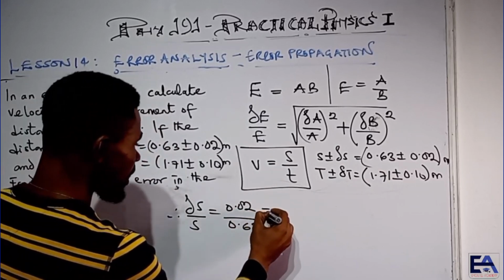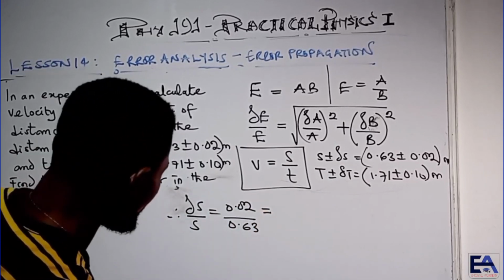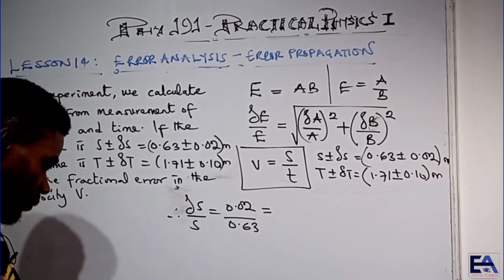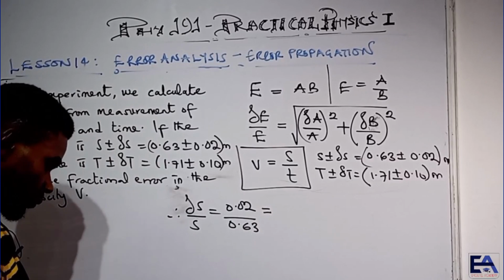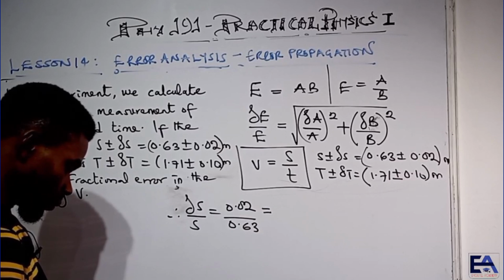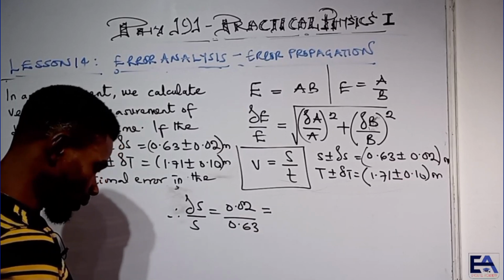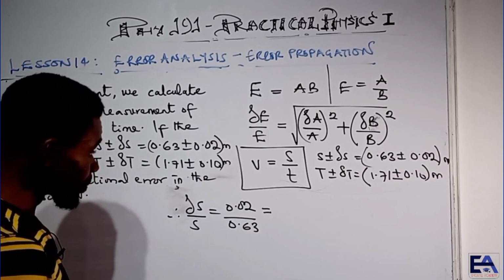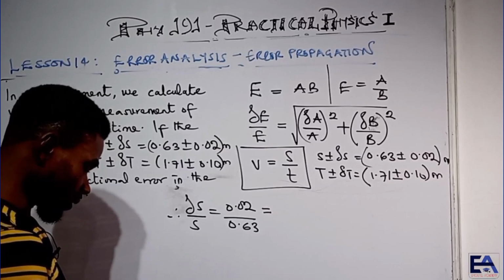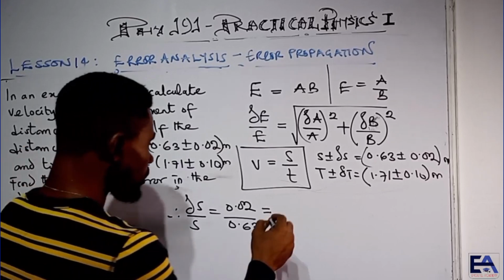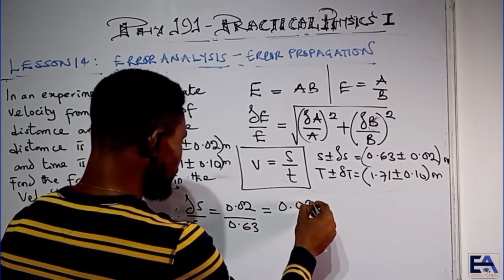I need my calculator for that. 0.02 divided by 0.63, the result is 0.03.